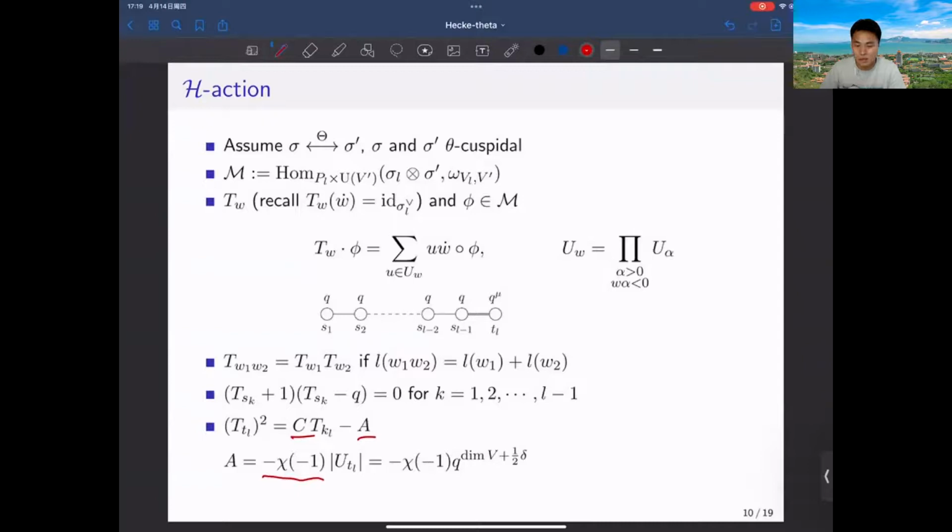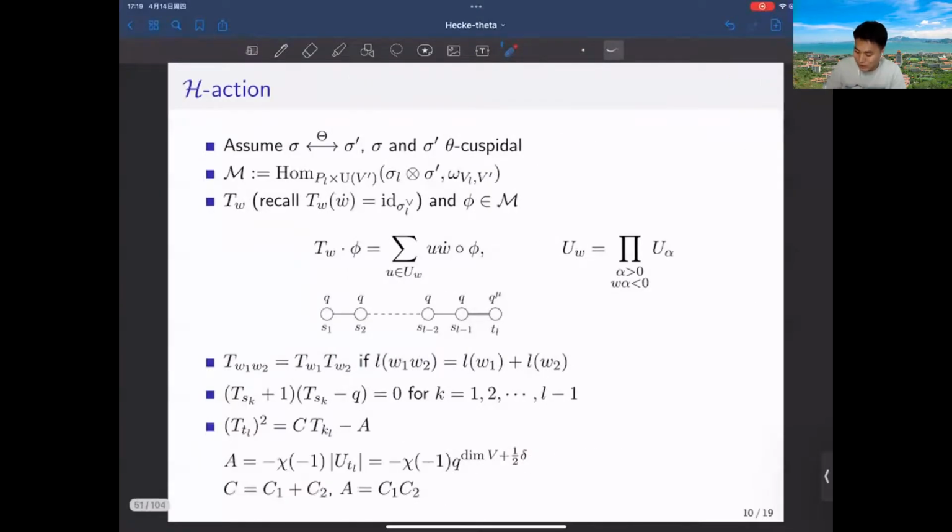Okay, so chi is either the trivial representation of F cross or the quadratic character in the C tilde case, and then times the size of the root group. So here comes this discrepancy sigma. Okay, this is the discrepancy sigma.